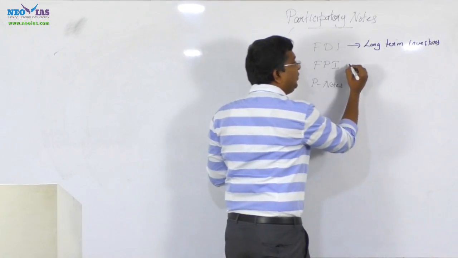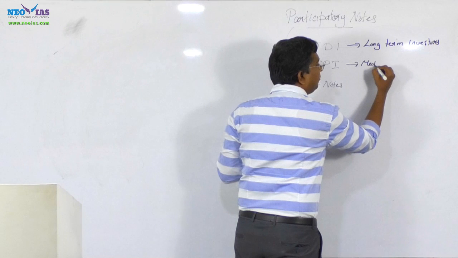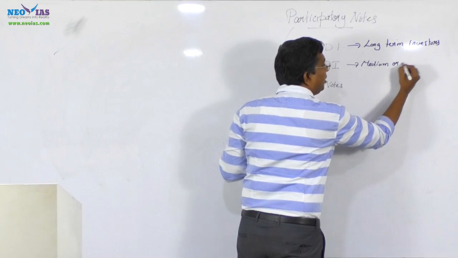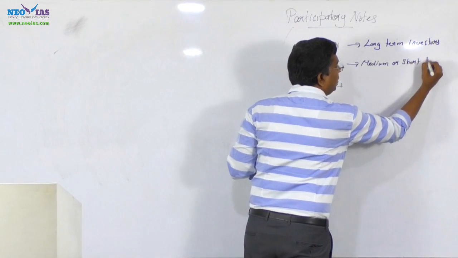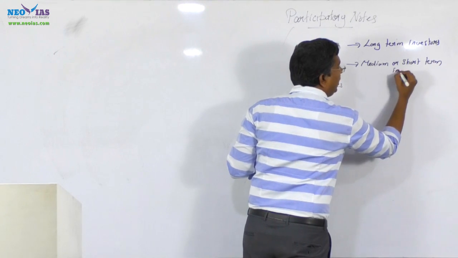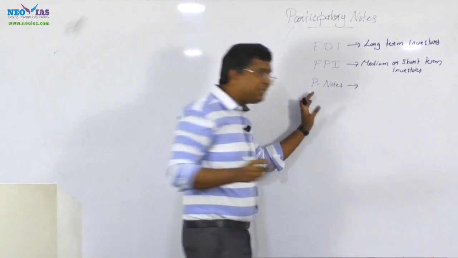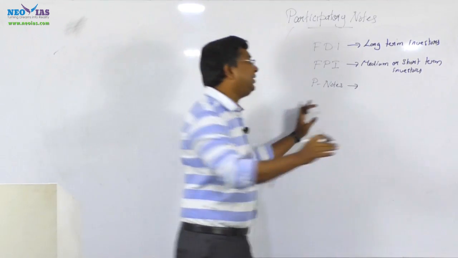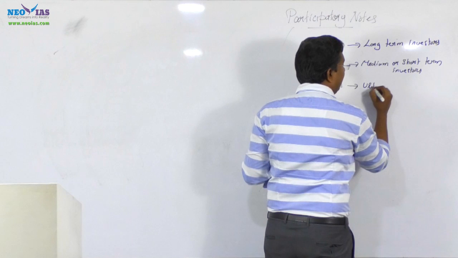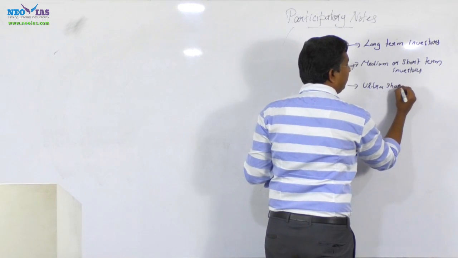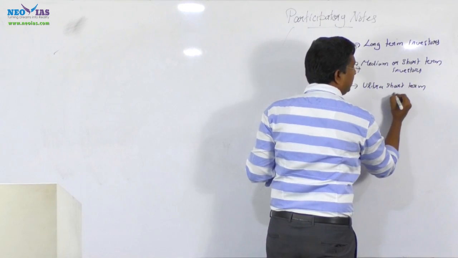FPI, foreign portfolio investors, are medium or short-term investors. Participatory notes are ultra short-term investors.